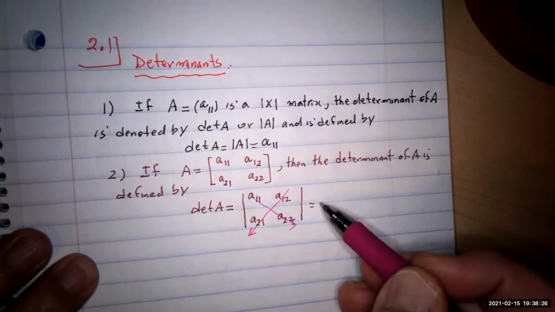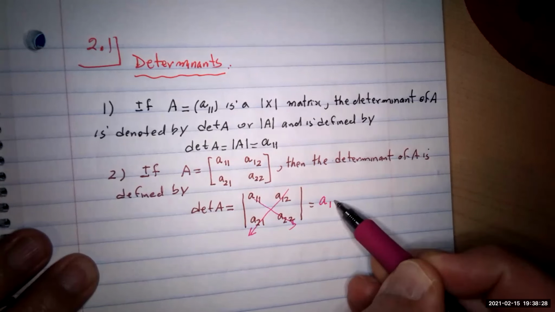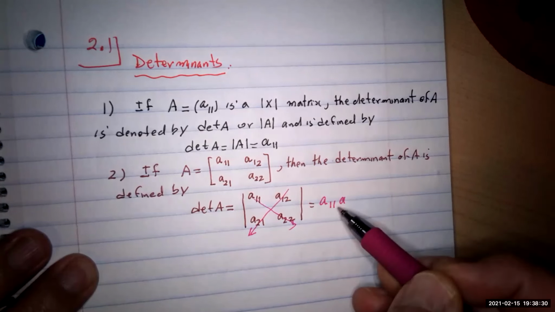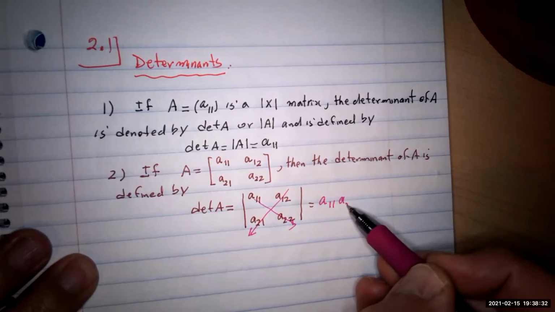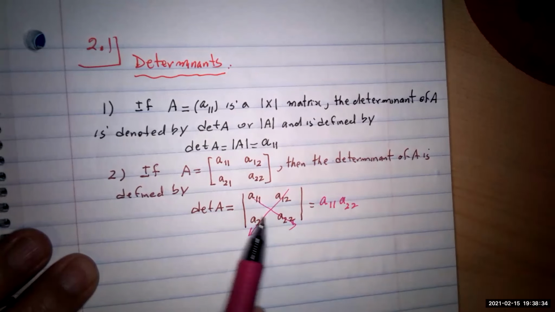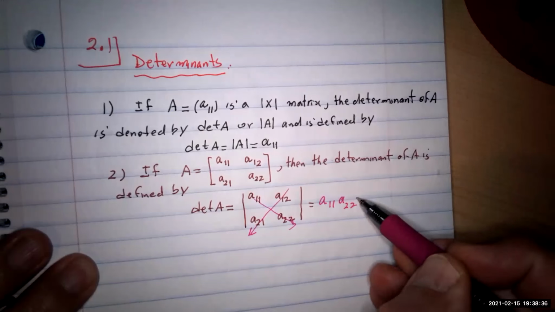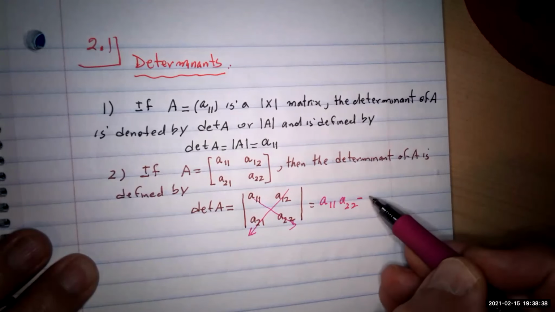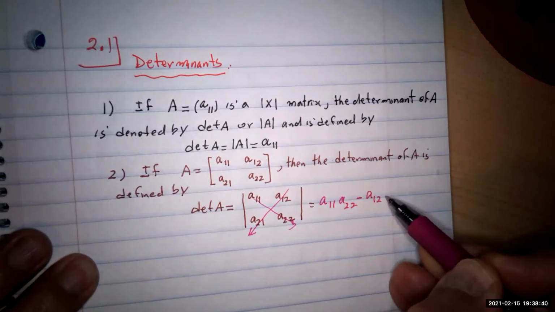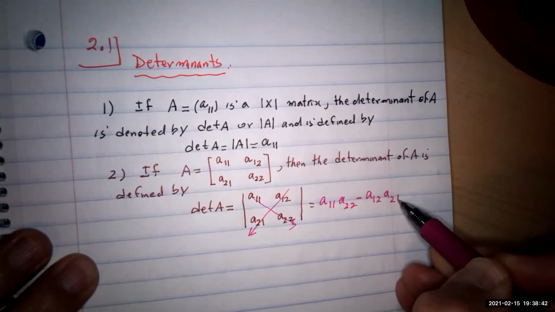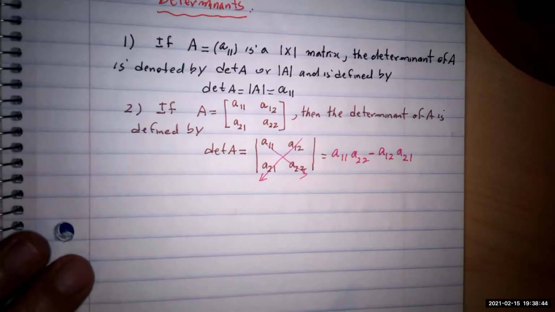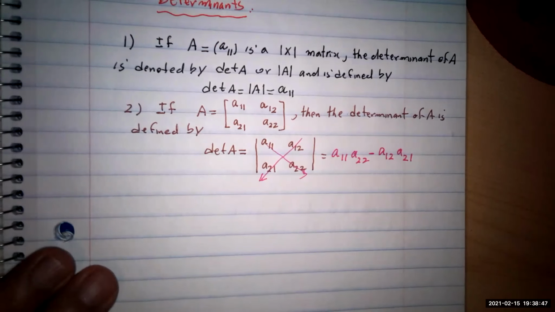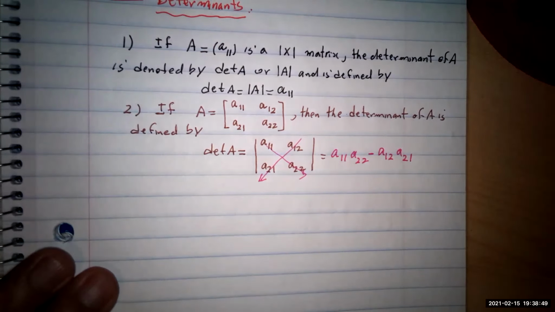So it's going to be A11 times A22, minus the other way around, which is A12 times A21. So that would be our definition for a 2 by 2 matrix.